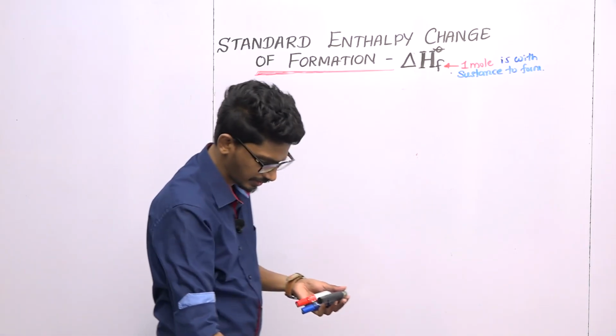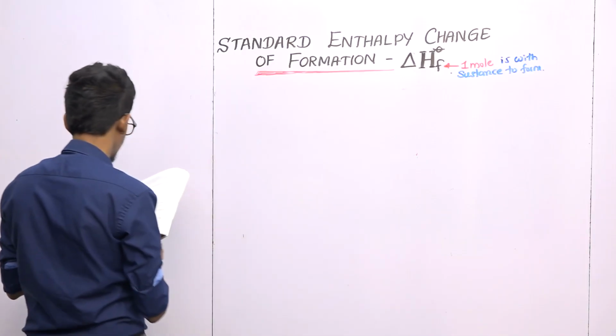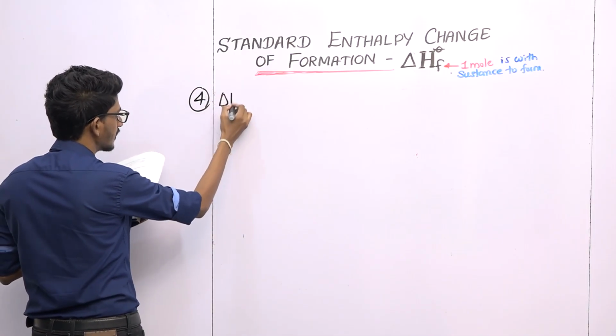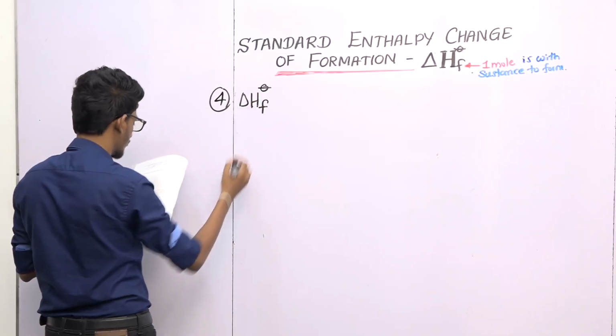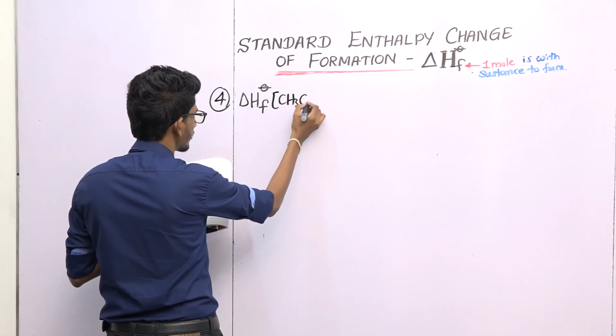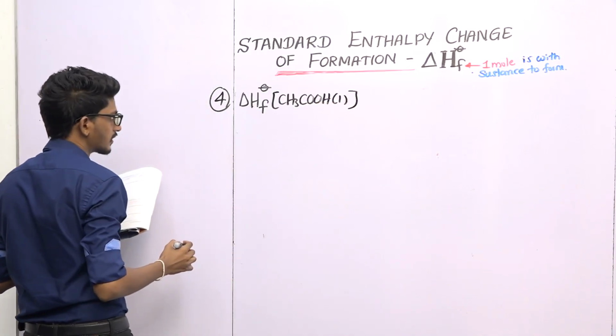Right, first I'll write the stuff appearing in your tute, right? So number 4, it is about writing the thermochemical equation for delta H naught F, CH3COOH liquid. Right.